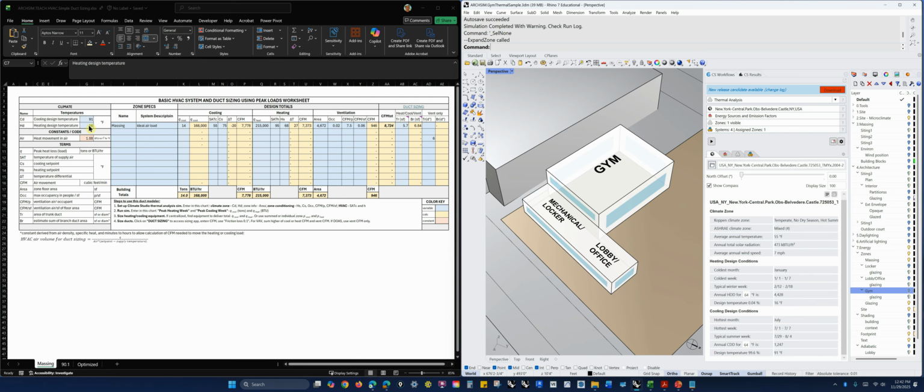If we look at the difference between our set point for cooling, 75 degrees, and our cooling design temperature, 91 degrees, that's about a 16-degree differential between the peak temperature outside and our set point. For heating, our set point is 68 degrees and our design temperature is 16 degrees, a much larger differential.